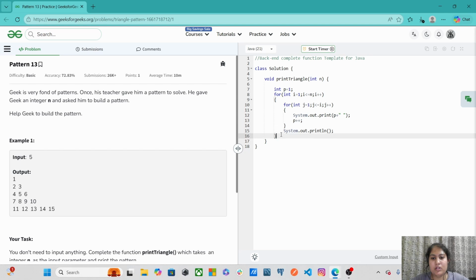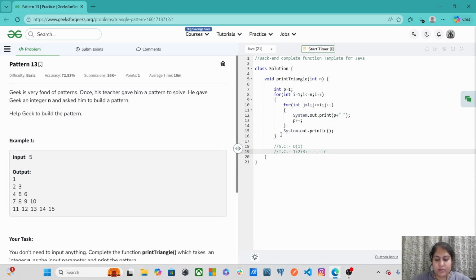And if I talk about the time complexity, it is as usual. Because in the first line we are printing 1 time, in the second line 2 times, in the third line 3 times, and if I talk about till n, we are printing n times.